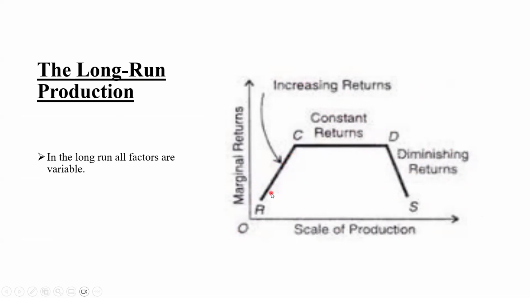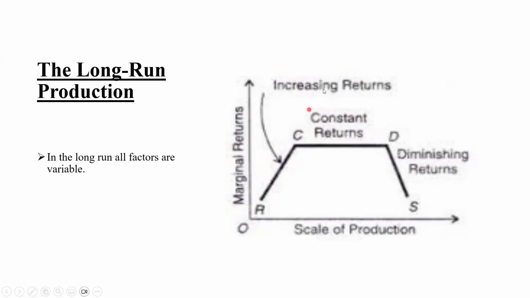So if the inputs increase, the outputs will also increase by a greater percentage, right? That is the increasing return. It's increasing, guys, and the relationship is between inputs and output. So if your inputs are increasing and it's increasing return, then the return, which is the output, should also be increasing.